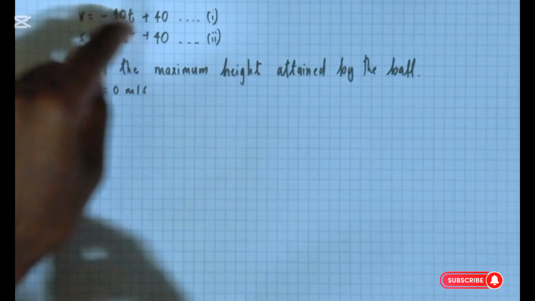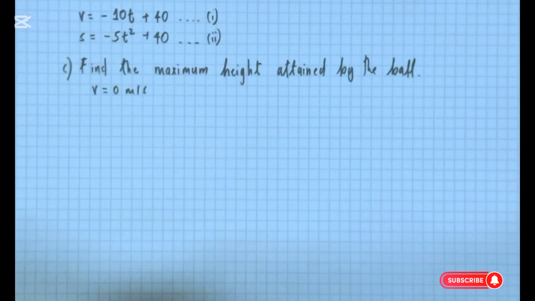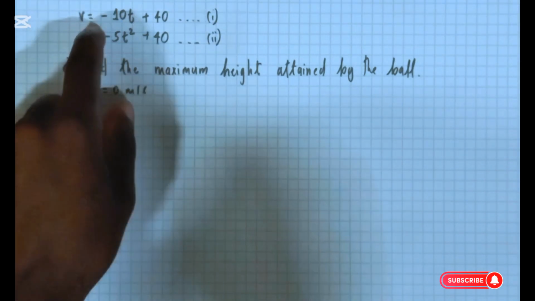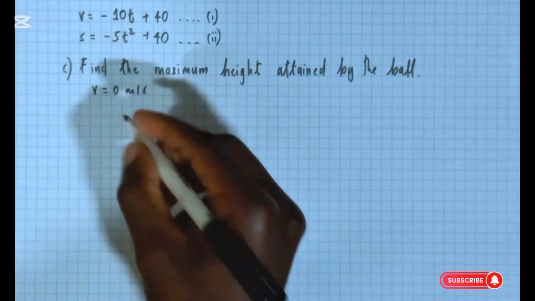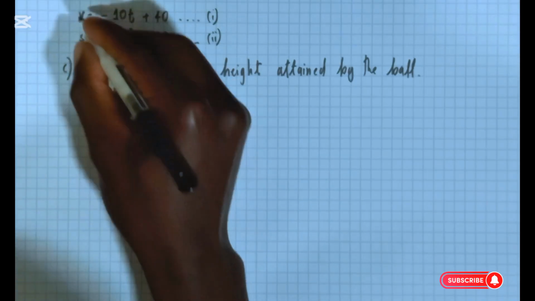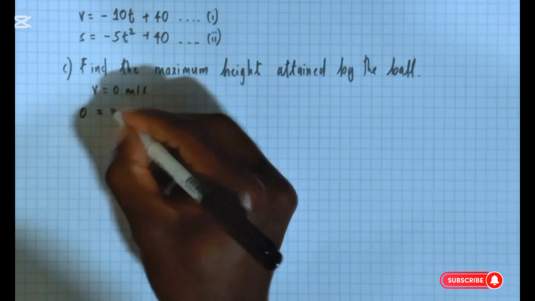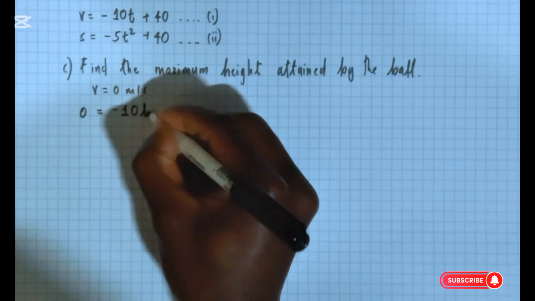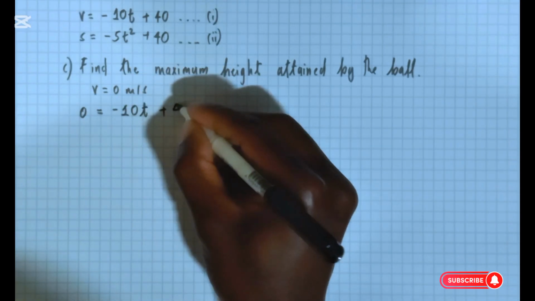So we come to our expression describing the velocity of the ball, and equate V to 0. So we have 0 equals -10t plus 40.